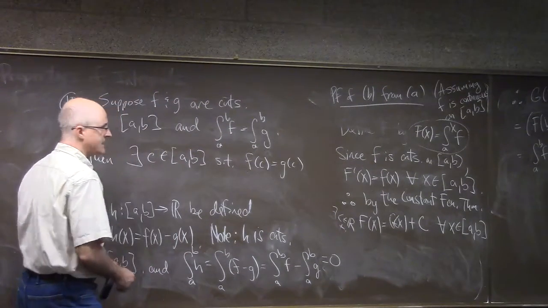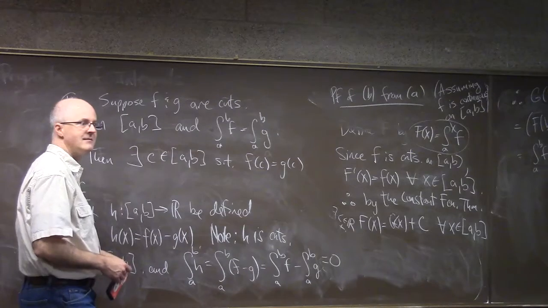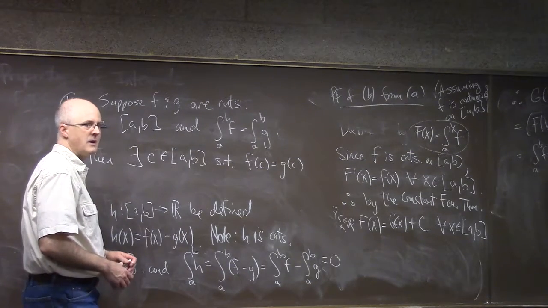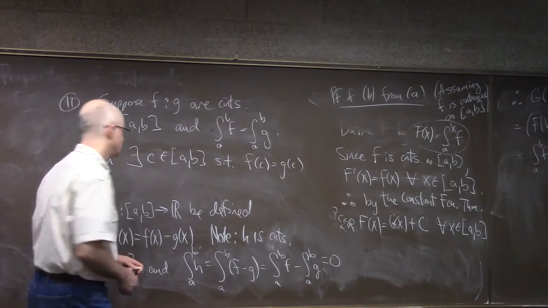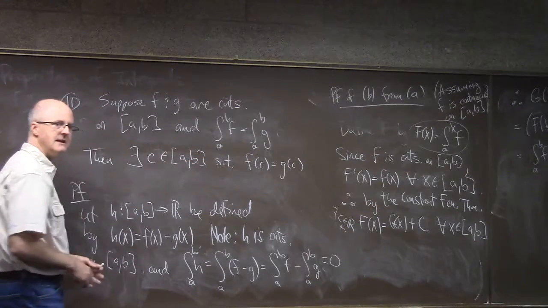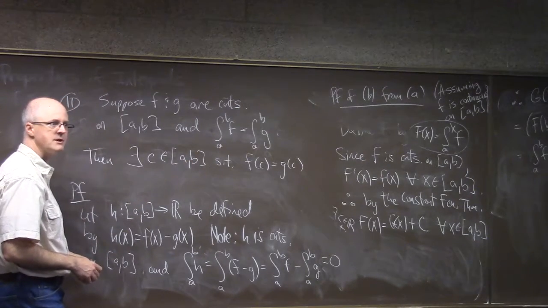So the integral of h is 0, therefore by number 10a, there must be a c where h of c is 0, and therefore that c is the same c where f of c equals g of c.